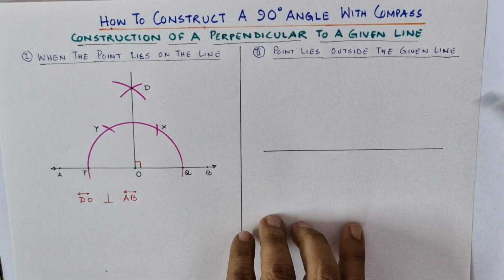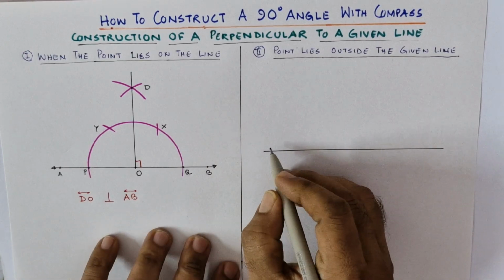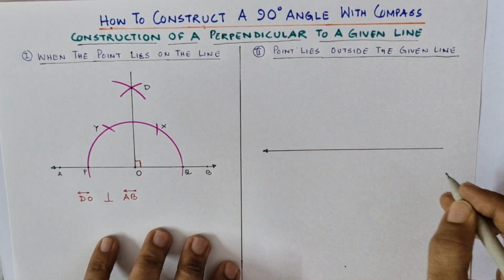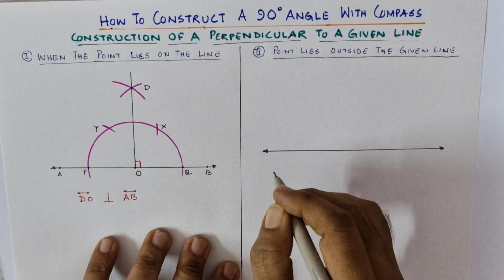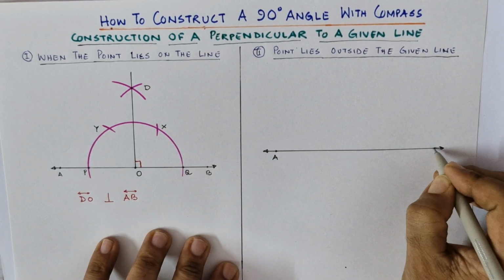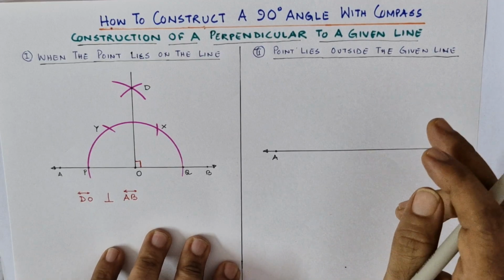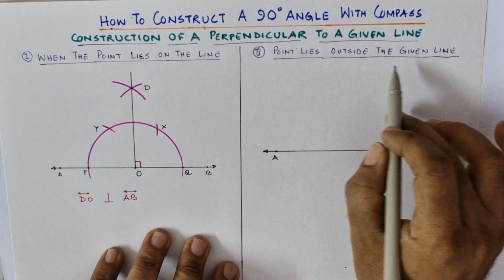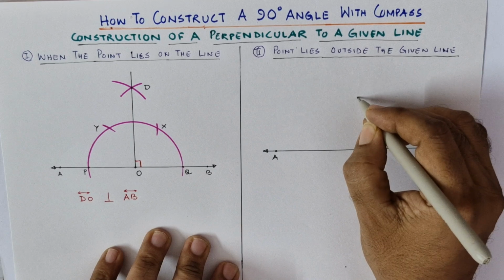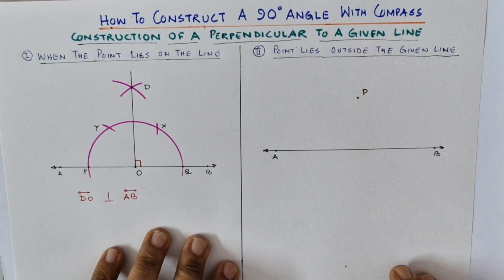We'll name it A and B. So AB is the given line, but we'll take a point P which lies outside the given line. So we'll take a point P here. This point P lies outside the given line.